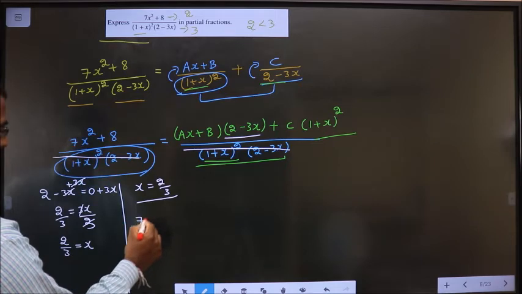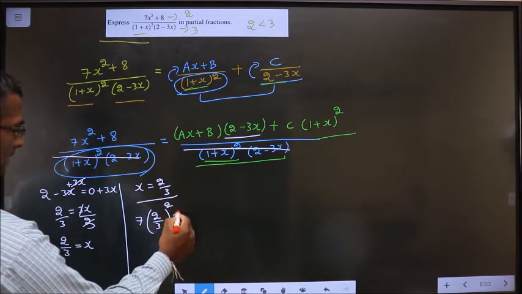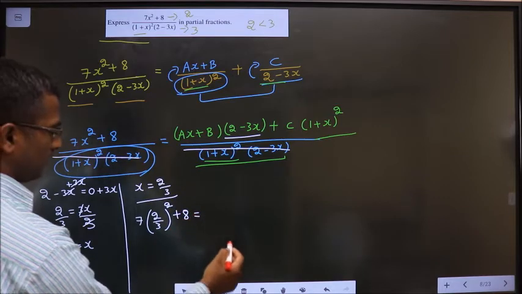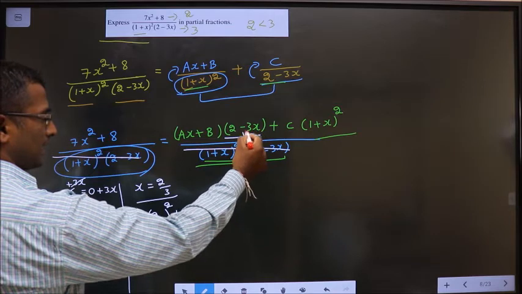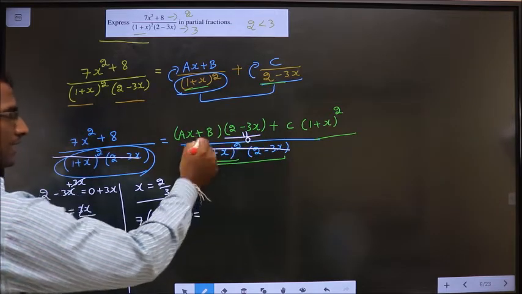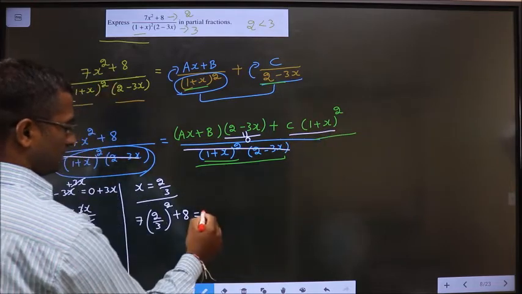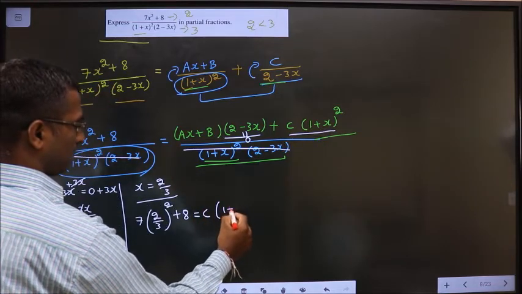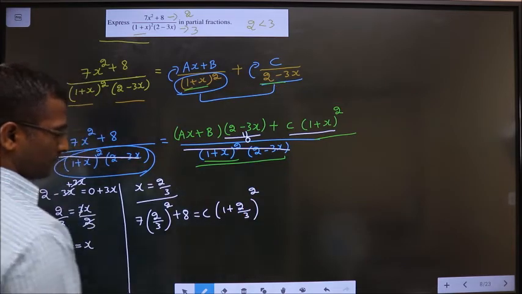Here I get 7 times 2 by 3 whole square plus 8 is equal to... When I take x equal to 2 by 3, this entire thing will become 0. 0 into anything, 0, gone. So left only with this one, c times 1 plus 2 by 3 whole square. Okay.